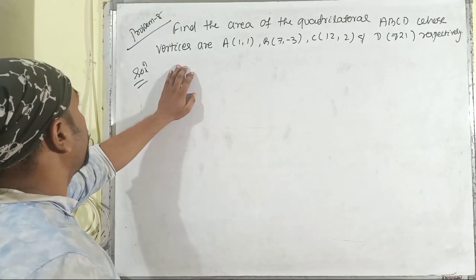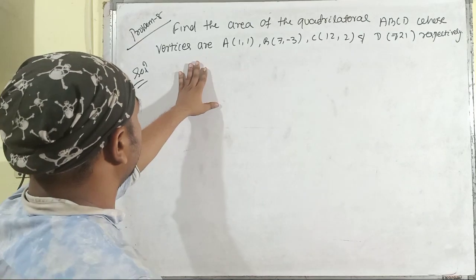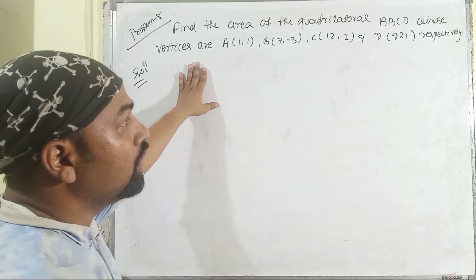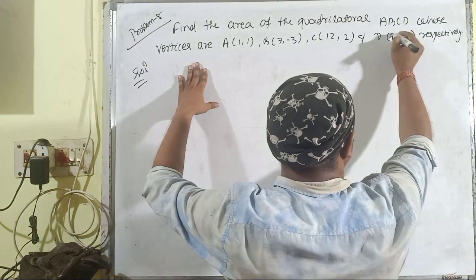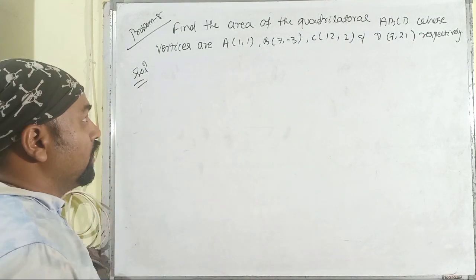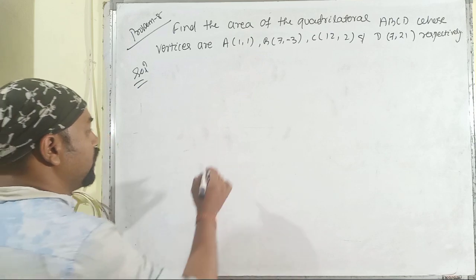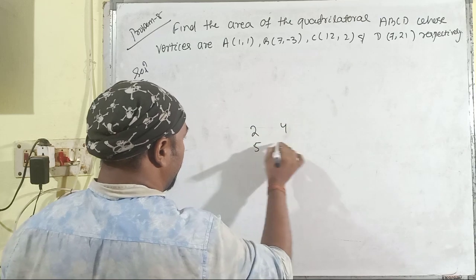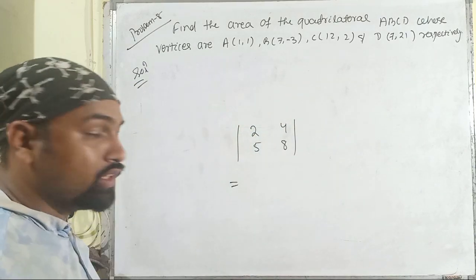So here is the last problem, and you have been asked to find out the area of the quadrilateral ABCD whose vertices are A(1, 1), B(7, -3), C(12, 2) and D(7, 21) respectively. Before going to this problem, let us have a brief analysis of the determinant. Suppose it is given by 2, 4, 5 and 8, and we have to evaluate this determinant.